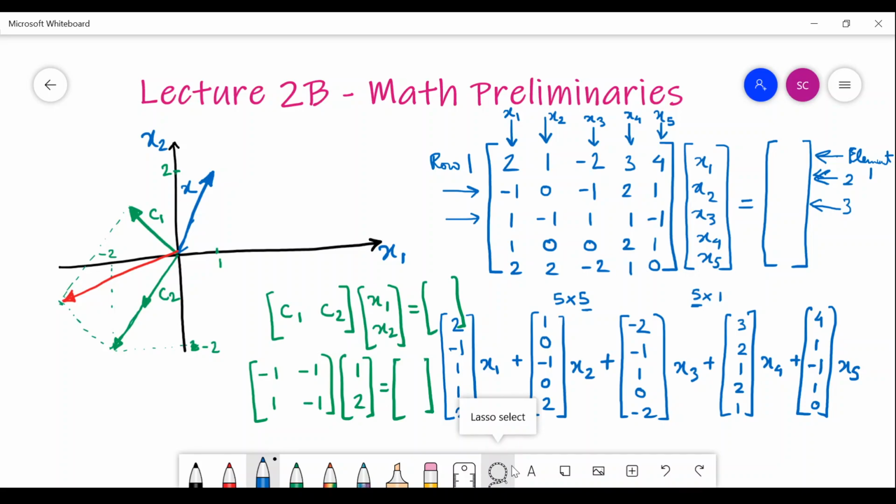One way is to see the rows of the matrix and understand the scaling on x1 and x2 in order to get the final vector. That is one way of understanding.